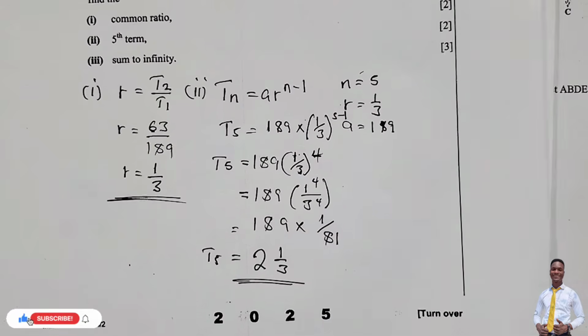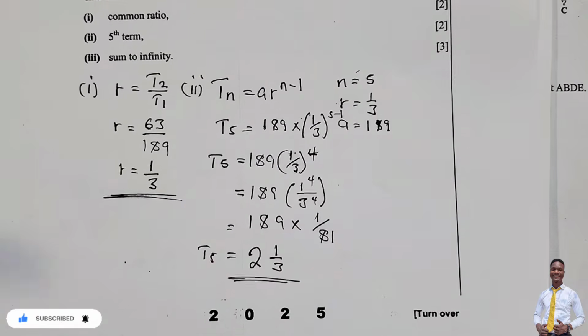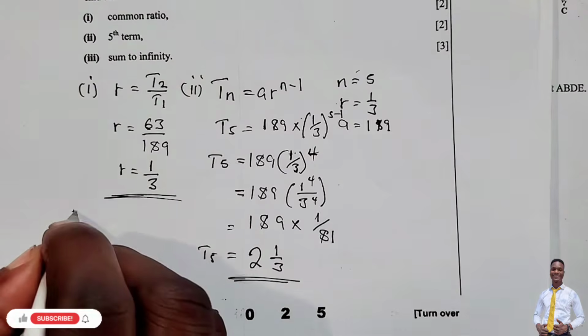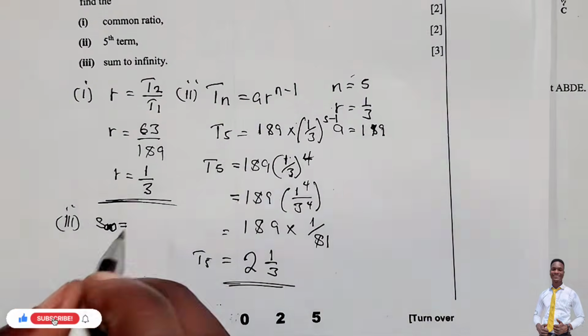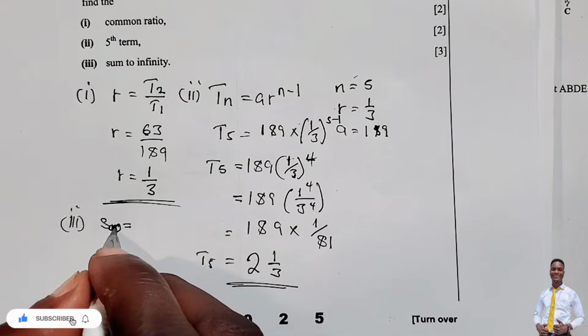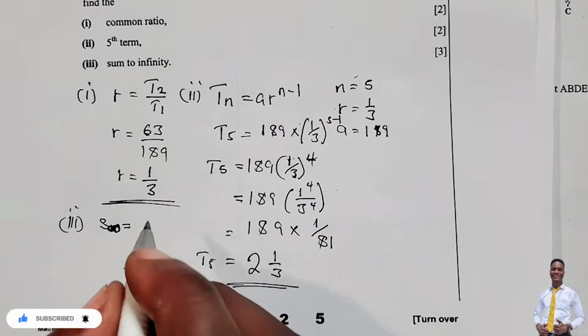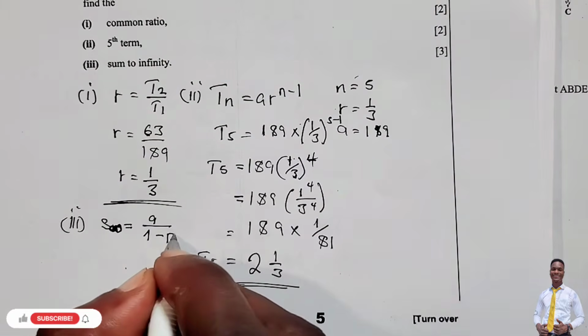Then the last question is saying find the sum to infinity. This is simple. Let me solve this one just here. Sum to infinity, the formula is S infinity equals A over 1 minus r.